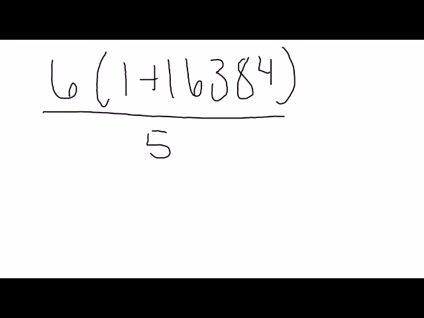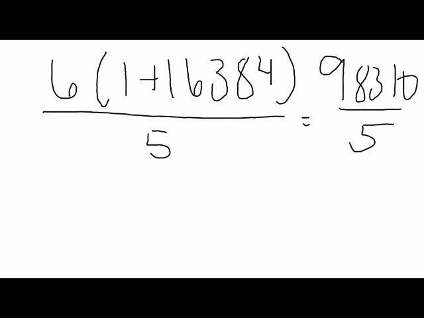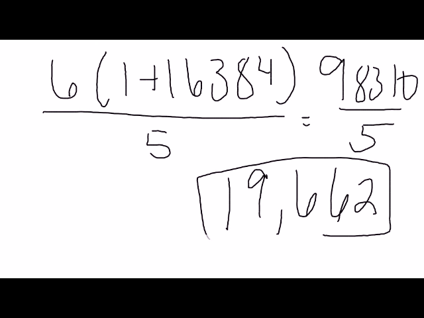And 1 plus 16,384 is 16,385, and then times 6 will give you 98,310, and then you divide by 5, and that's going to give you 19,662, and that is your answer for the sum of all of those up to the 7th term of this series.